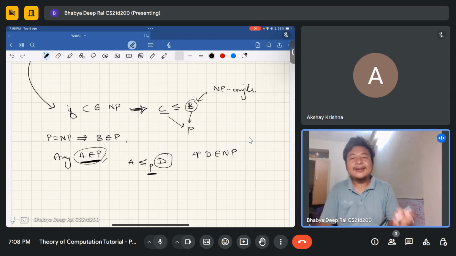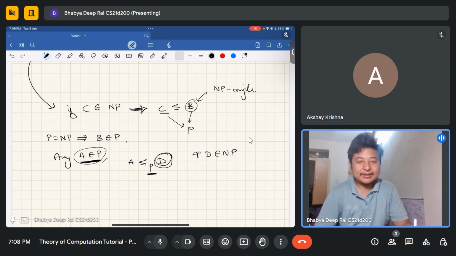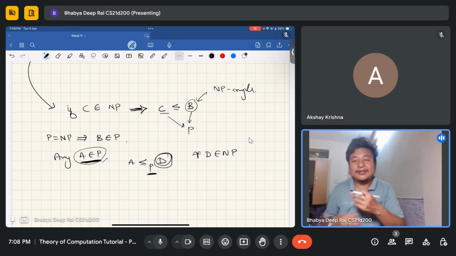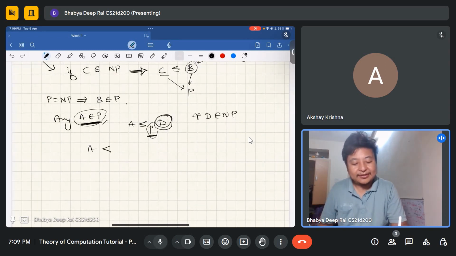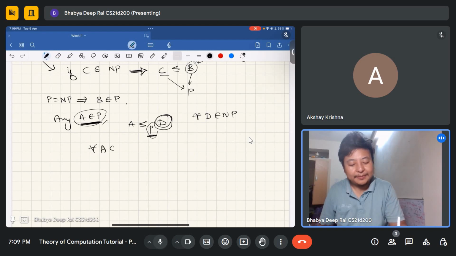I think we did it in the previous tutorial also, that in polynomial time everything reduces to everything in P itself. You simply ignore what the solver does, and just run in polynomial time the Turing machine that you already had, and therefore it will trivially work out. So if P equals NP, for all A in NP, A in P, A is NP complete. All the languages are NP complete.